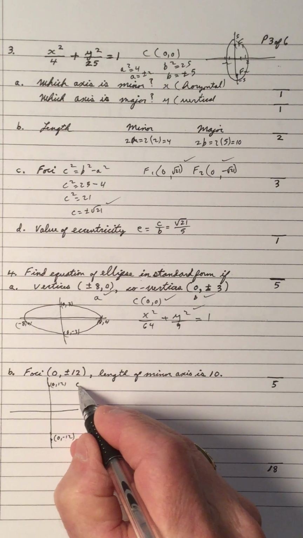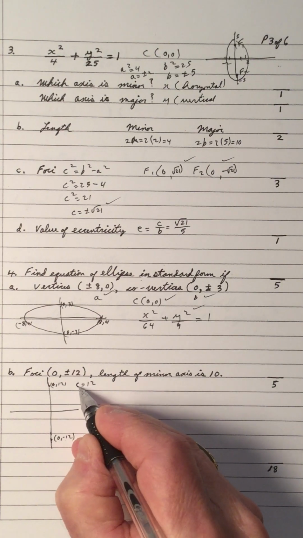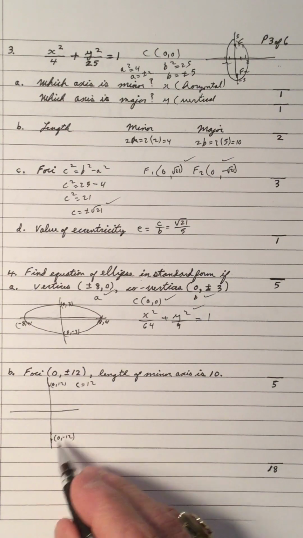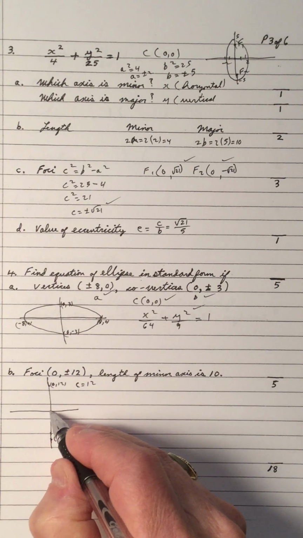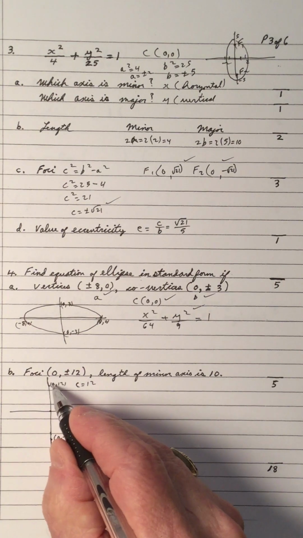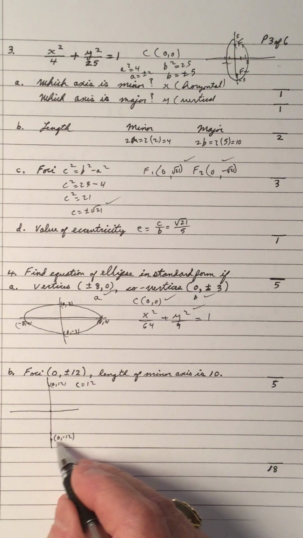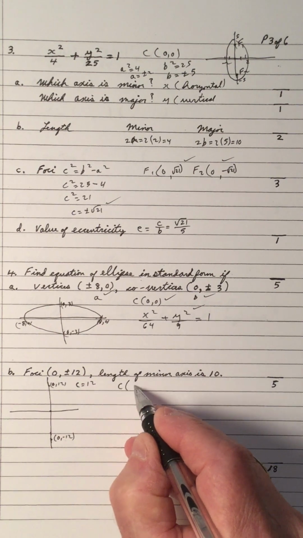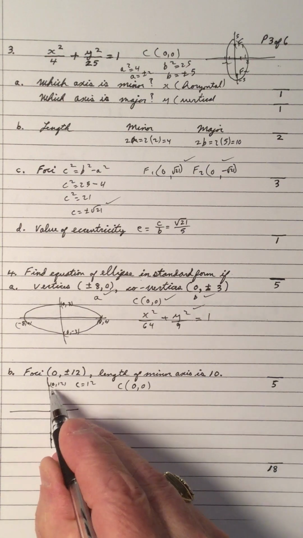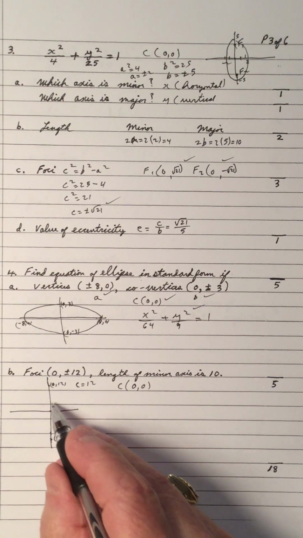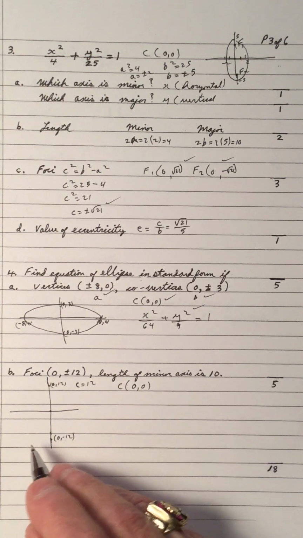So that means that c is 12, because it's the distance from the center. And the center is the midpoint. So if you add these up and divide by 2, the middle is (0, 0).